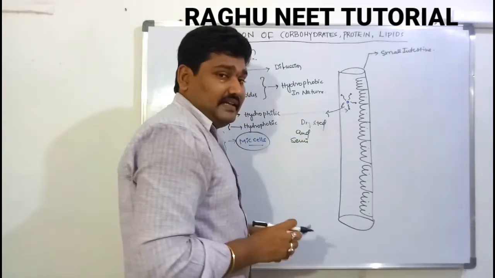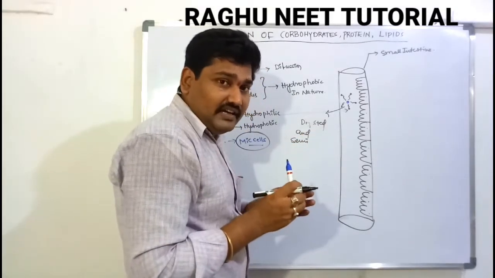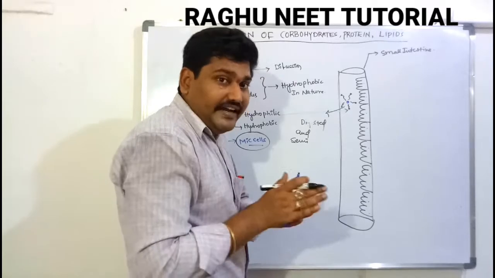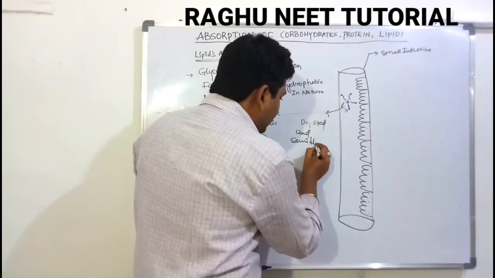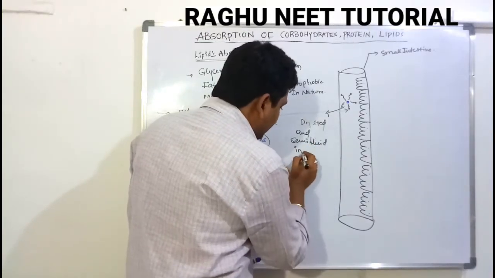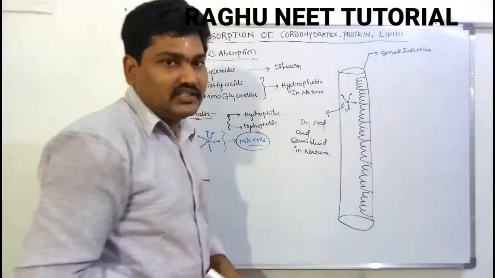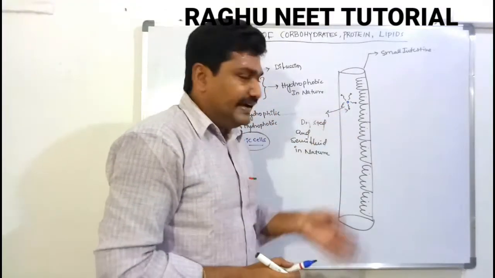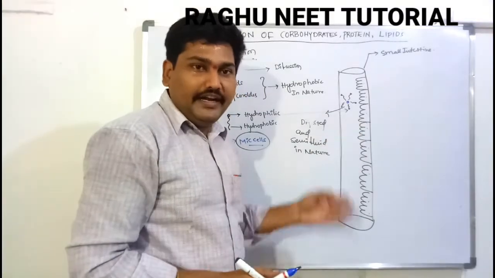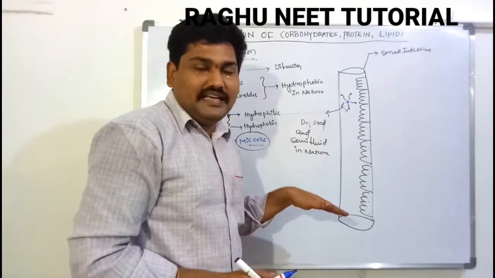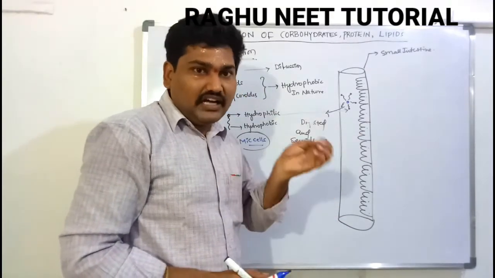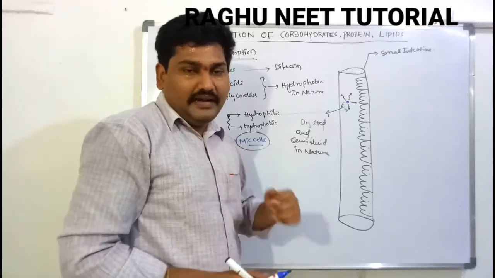These are fats, but they are completely digested by the bile salt, so they are semi-fluid in nature. The micelles are semi-fluid in nature. When they enter the microvilli, the semi-fluid micelles are attached to the microvilli.